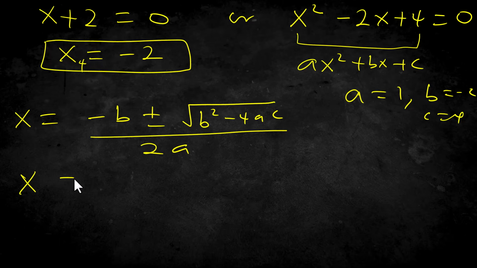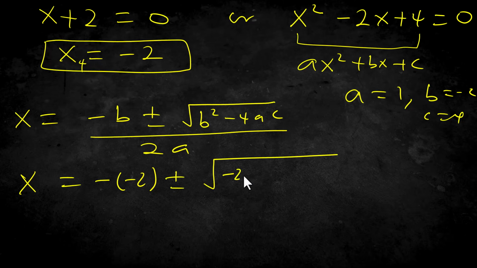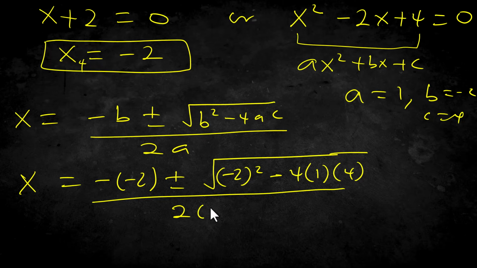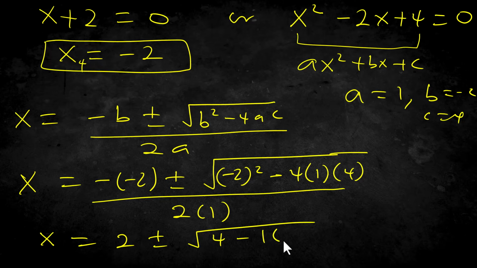Okay, so x equals minus minus 2 plus or minus the square root of minus 2 squared minus 4 times a 1, c 4, on 2 times 1. So we have 2 plus or minus the square root of 4 minus 16 on 2. So we still have minus, this side will be minus 12.